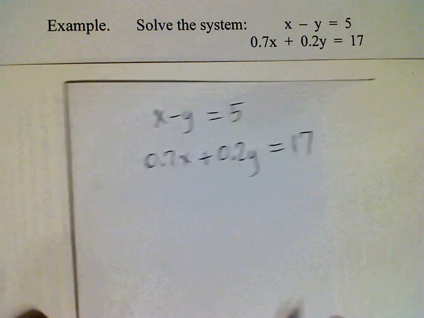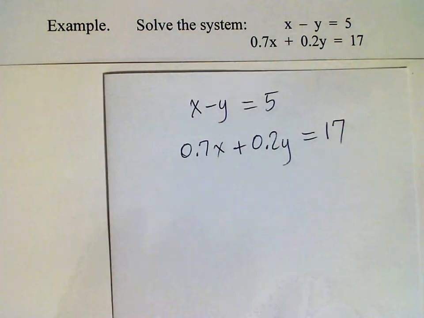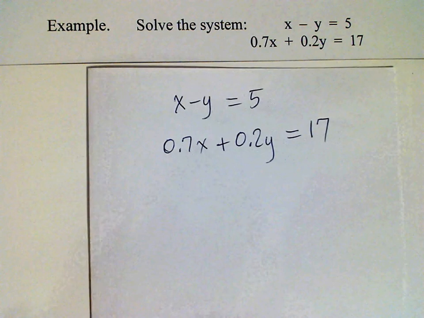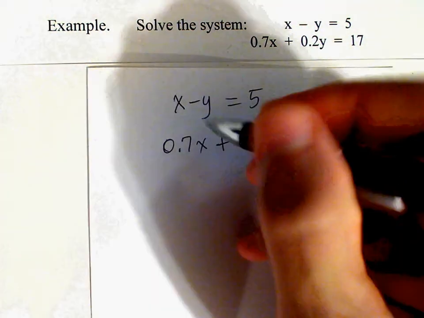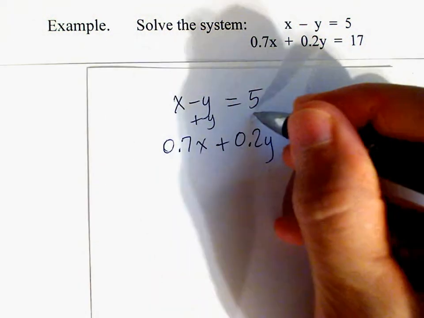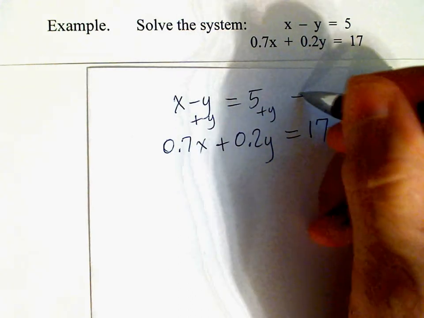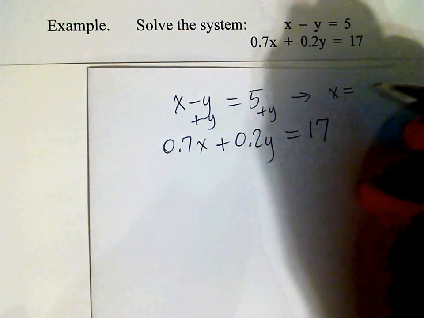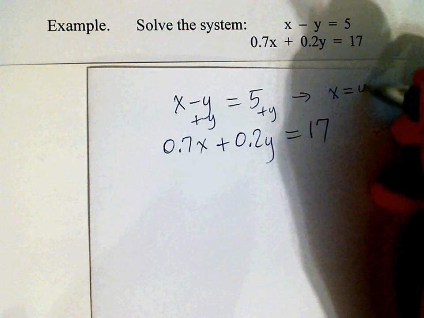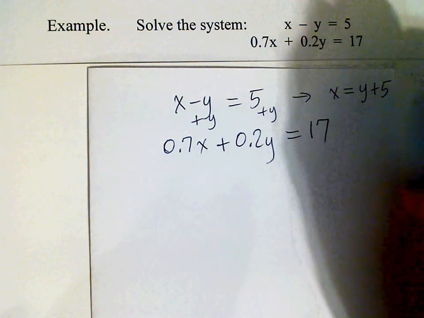Well, it's not quite as easy this time because we don't have one of the equations pre-solved for one of the variables, but it's easy enough to do that in one step simply by adding y to both sides of the first equation, and that will give us x is equal to y plus 5.